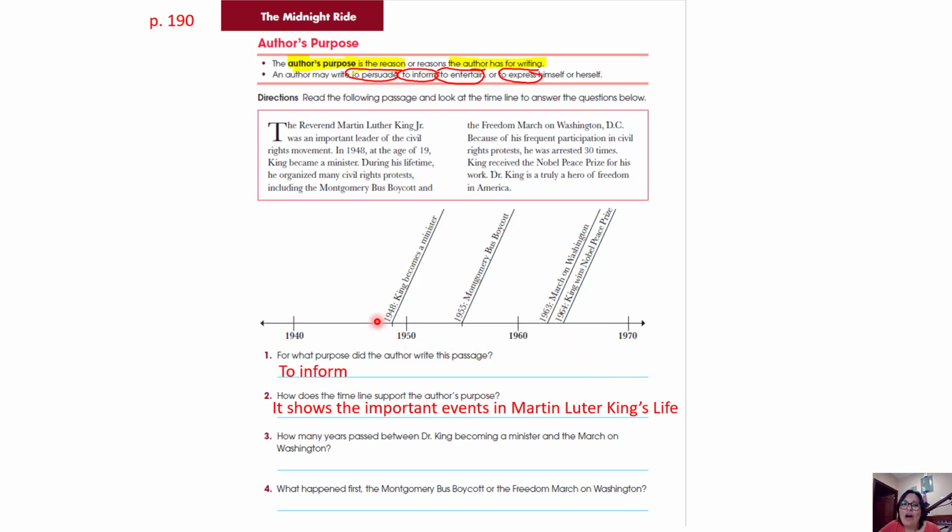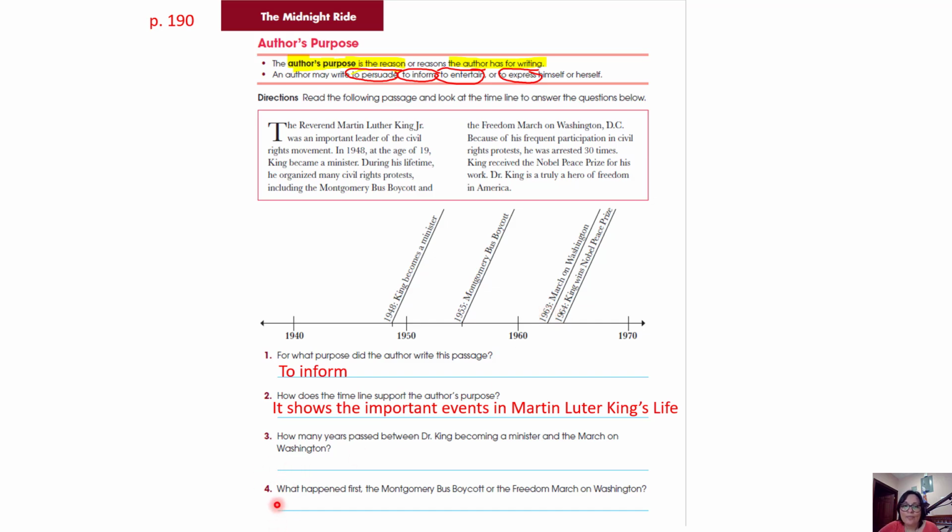So how many years passed from this year to this? Math. You have to apply mathematics in here. So tell me if it was 24, 14, 25, 30 years. So count them. Count how many years you have from 1948 to 1963. And that is the answer in here.